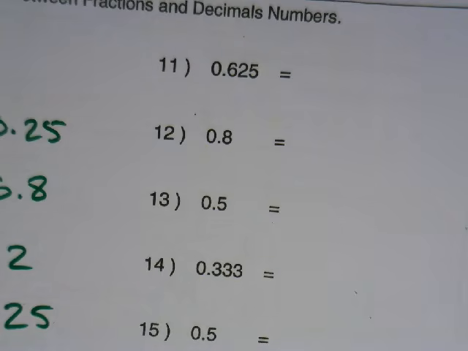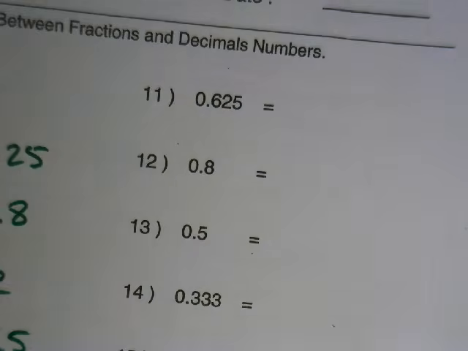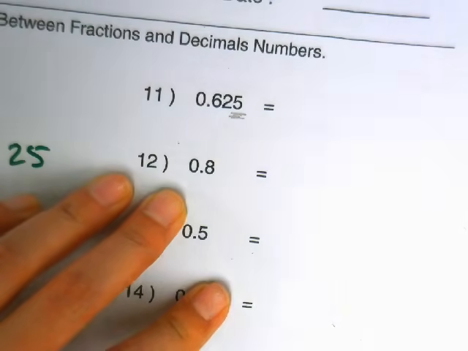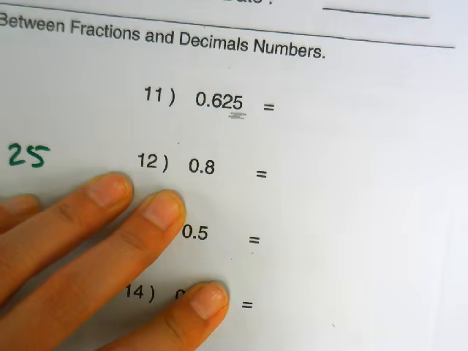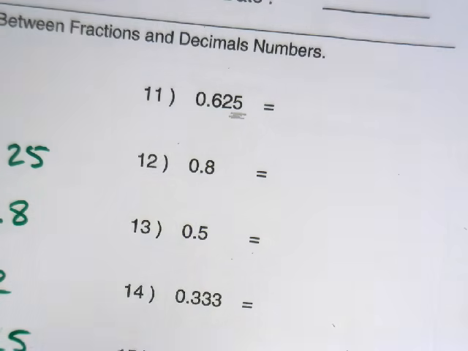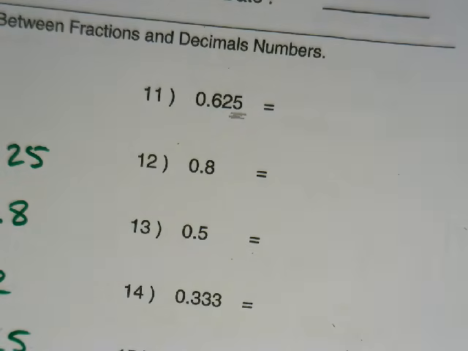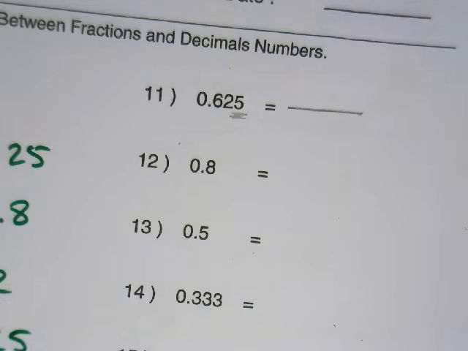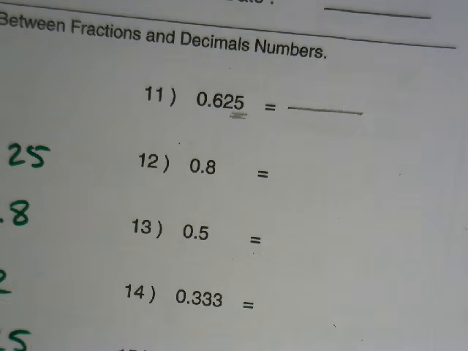Why is this important? Because when we go here, number 11, let's look at the last number. What's our last number? 5. What place value is the 5 in? It's in this third one, so it's in the thousandths place. So that means that my denominator will be 1,000.